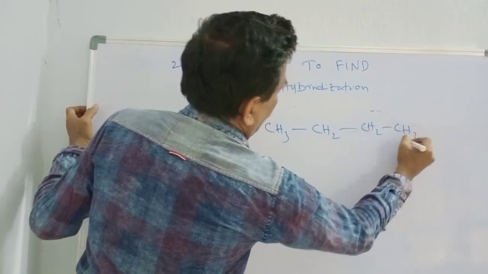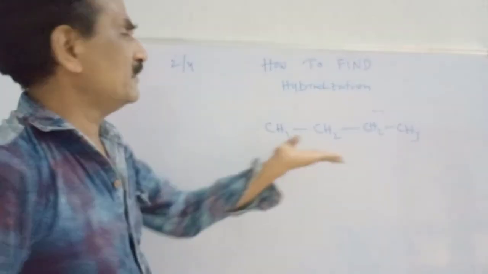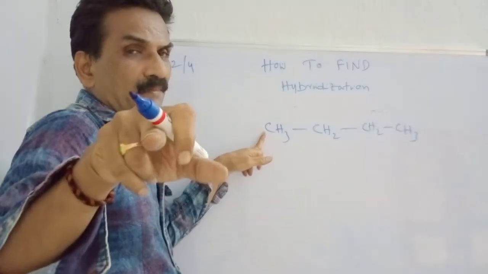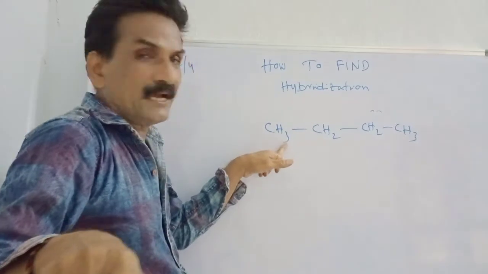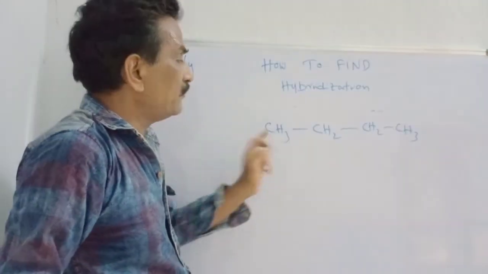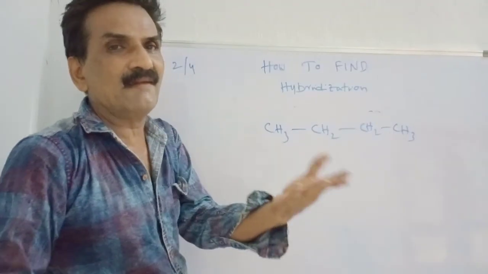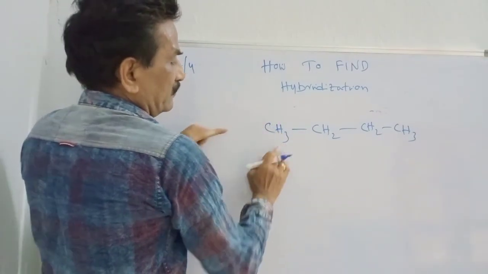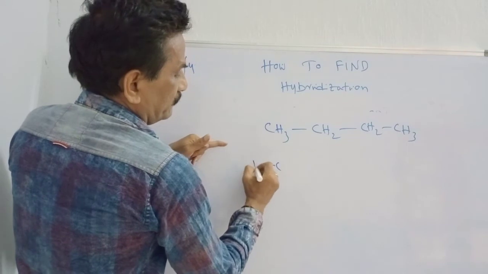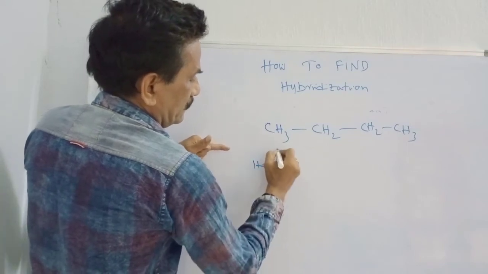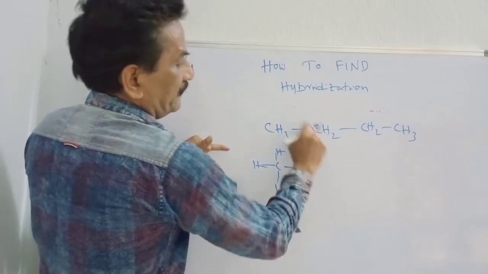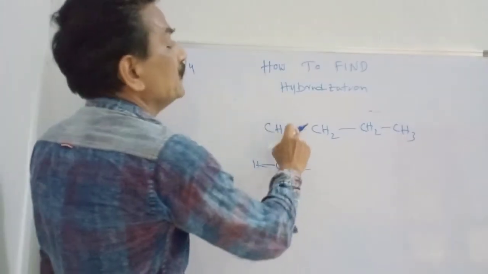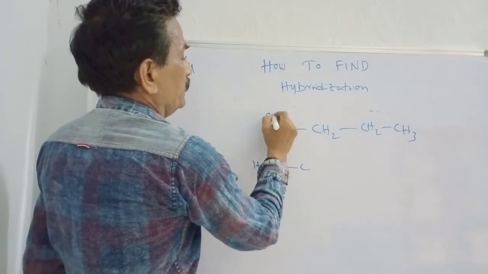This is one example. Now single bonds. Here carbon is bonding with 3 hydrogens and another bond is with another carbon, so tetravalency is satisfied. Only single bonds are available, so sp3.